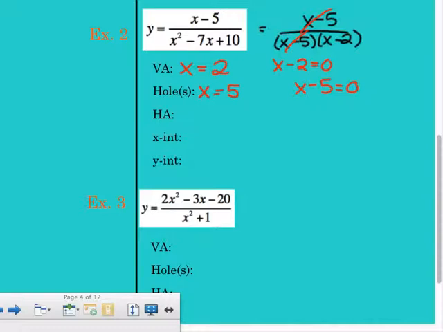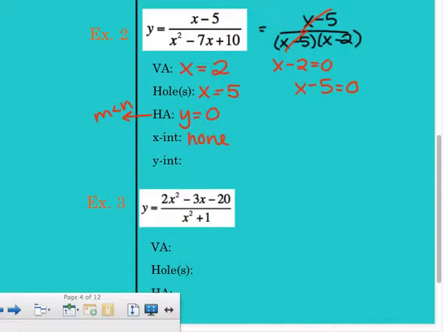For the horizontal asymptote, I look at the degrees. The degree in the numerator is 1. The degree in the denominator is 2, so m is less than n. That tells me I have a horizontal asymptote at y equals 0. For the x-intercept, I take the numerator and set it equal to 0. That would give me x equals 5, and it doesn't exist at x equals 5, so I don't have an x-intercept.